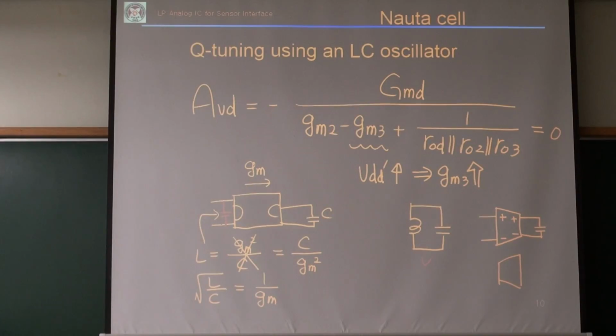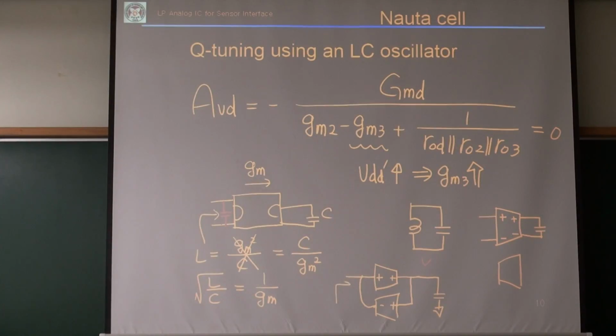So let's draw a single-ended version. Say this is plus plus. Is this plus plus? Yeah. And then I have a C there, and then I have another one, plus minus or something like that. Right?